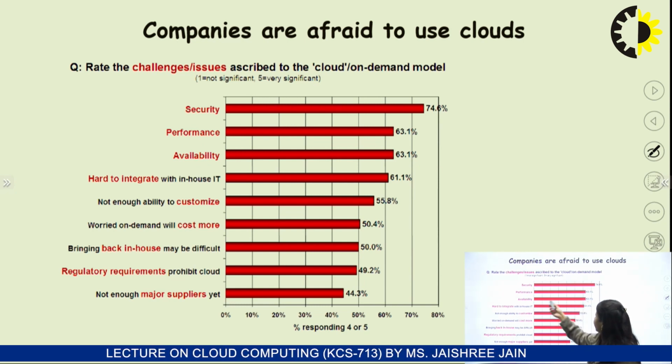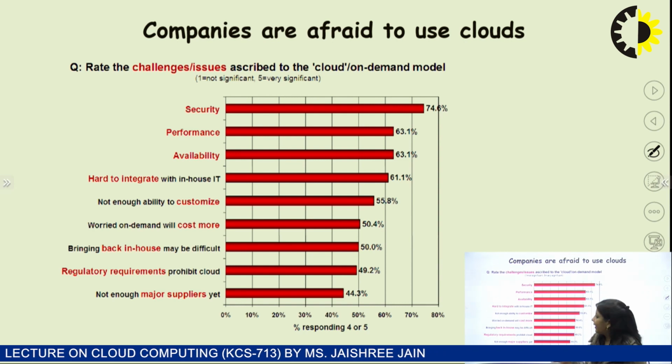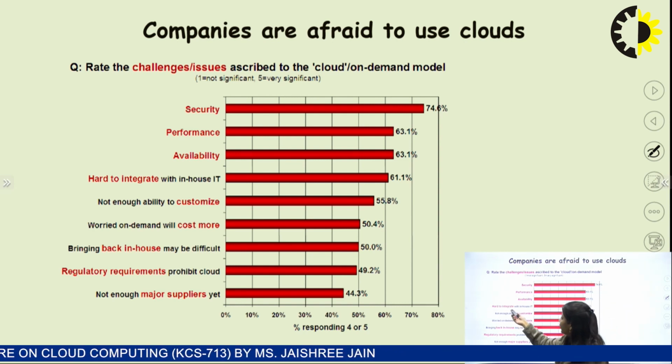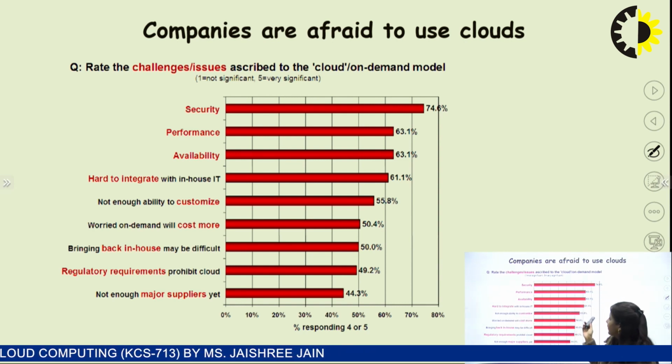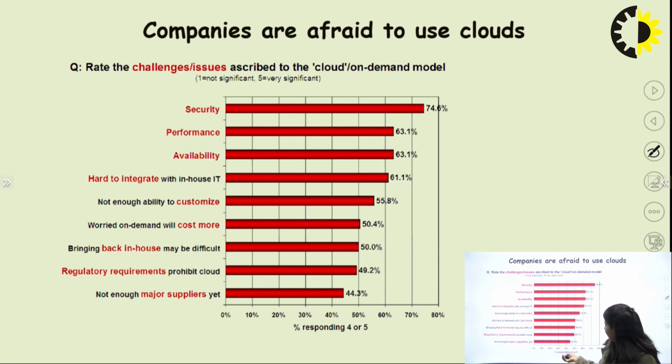So this is already a red line, and 63% of data will not be available every time. Then there are: hard to integrate with in-house IT, not enough ability to customize, worry that on-demand will cost more, bringing back in-house may be difficult, regulatory requirements prohibit cloud, and not enough major suppliers. So these are all the issues, and this is the percentage of respondents rating 4 or 5.